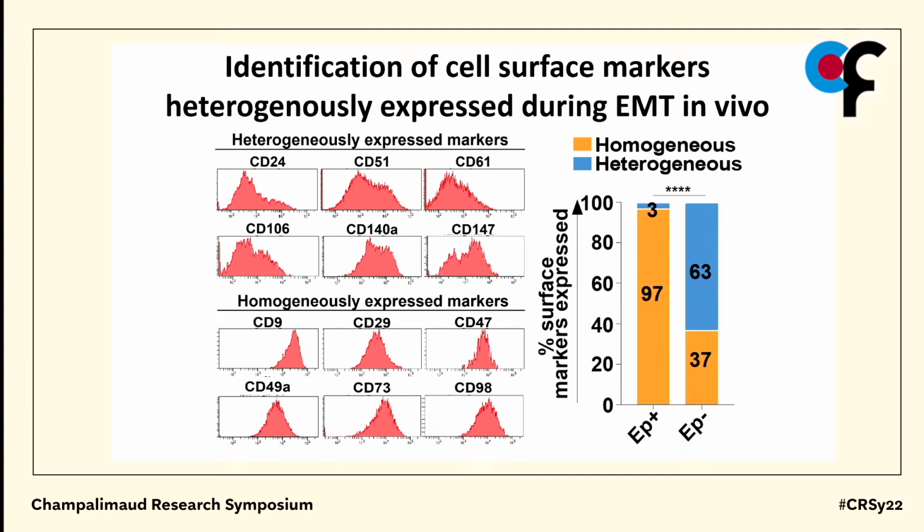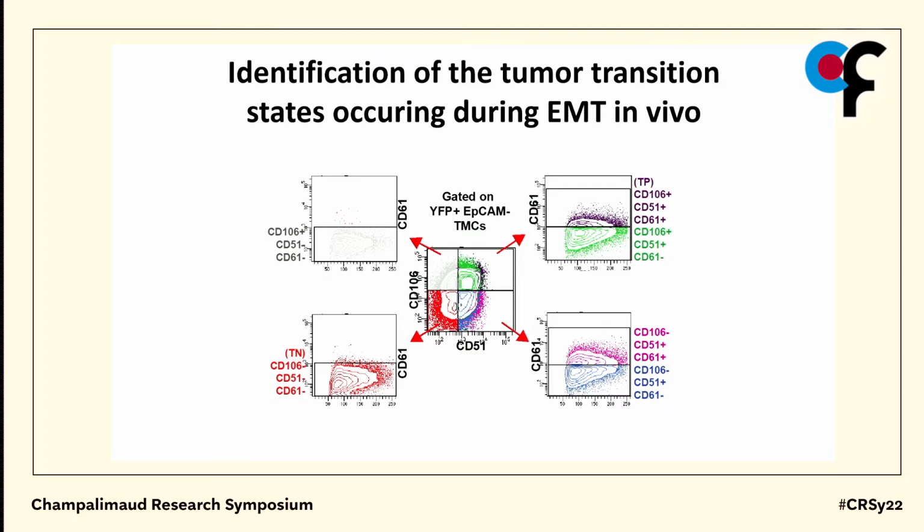Then we combined those markers two by two, three by three, until we could resolve the different heterogeneity nicely. We found that three cell surface markers were sufficient to deconvolute the heterogeneity in this EpCAM negative population. Very interestingly, those markers were not completely random.